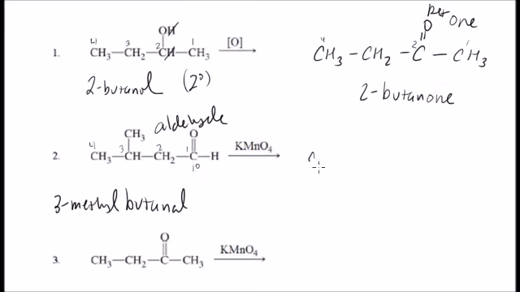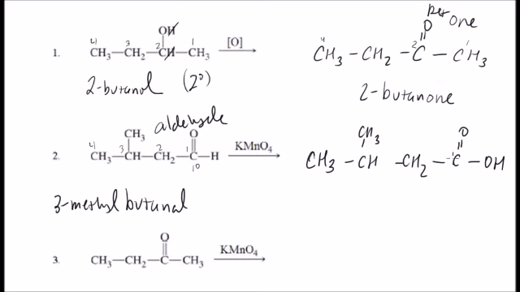So let's write it. And now there is our aldehyde, but we're going to turn it into a carboxylic acid. Okay, and we have 4 bonds, 4 bonds, 4 bonds, 4 bonds, so everything looks pretty good.